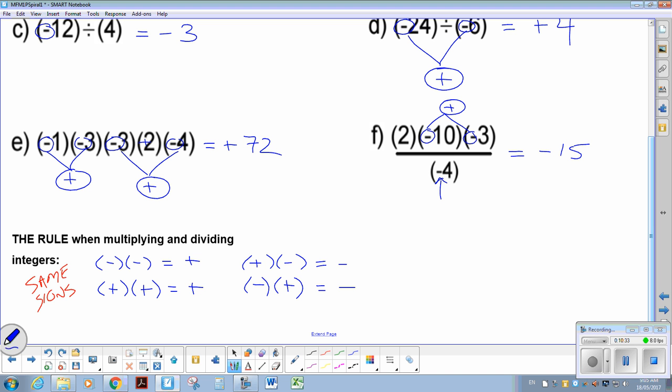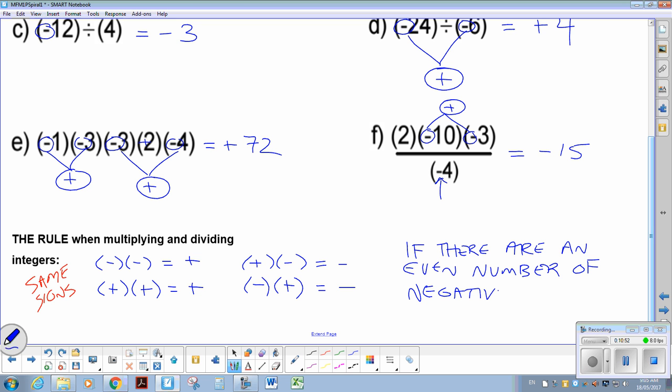And for the larger expressions like E and F, if there are an even number of negative signs, the result will be positive.